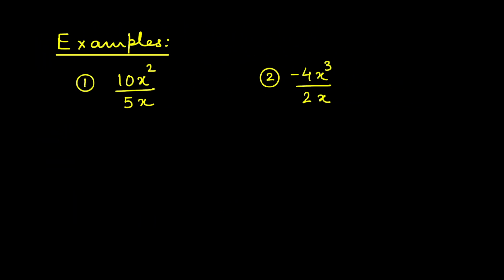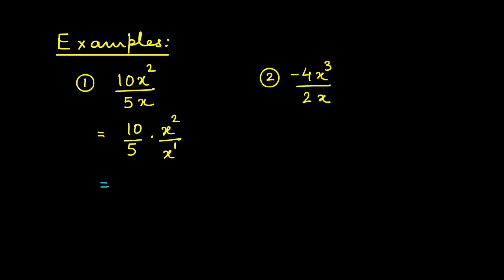Now coming to the examples, first we take the example when a monomial is divided by a monomial. First we have to see the numerical coefficients 10 and 5. So we divide the numbers separately, and we see that in the numerator the power is 2 and in the denominator no power is given. So first step is we write the power as 1.